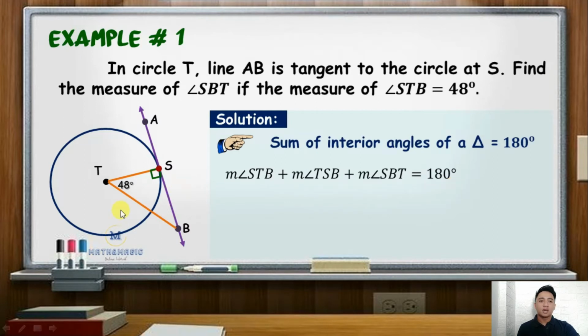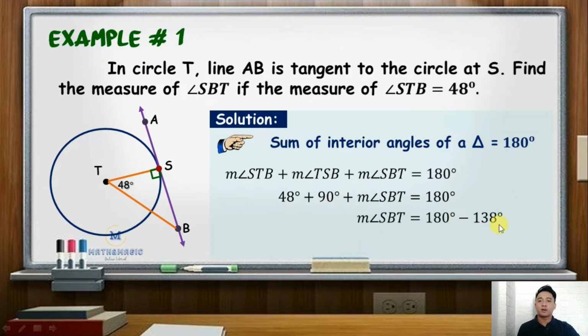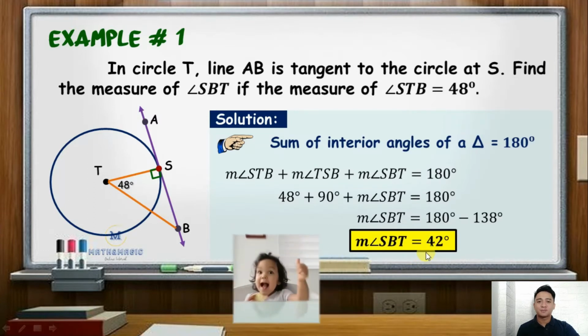Substituting the values, it will be 48 degrees plus 90 degrees plus the measure of angle SBT equals 180 degrees. 48 plus 90, the sum is equal to 138. Transposing that value to the right side, it will be negative 138. Now 180 degrees minus 138 degrees, the difference is 42 degrees. Hence, the measure of angle SBT is 42 degrees.